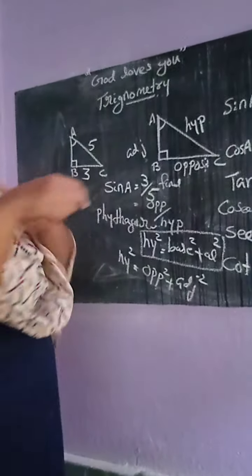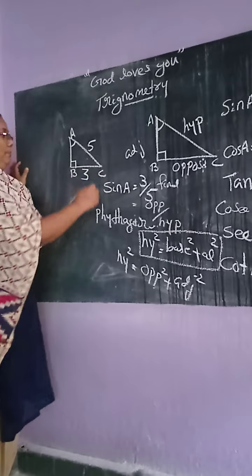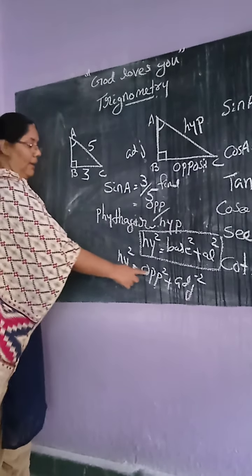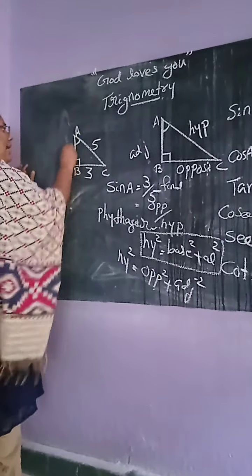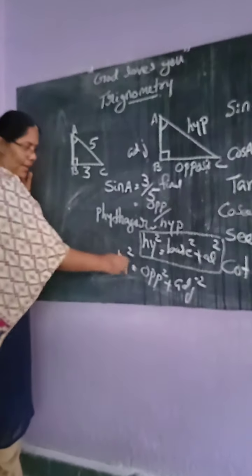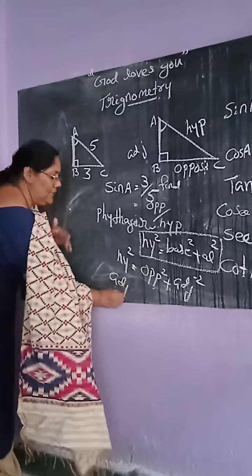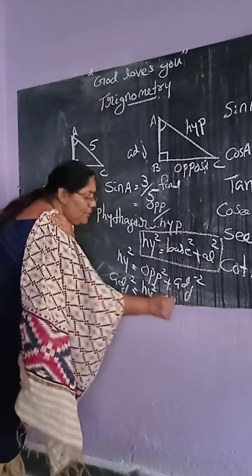Now apply the formula. Here hypotenuse square is given. From this formula, can you say what is adjacent side square? Here we need the adjacent side of angle A. Adjacent square is equal to hypotenuse square minus opposite square.